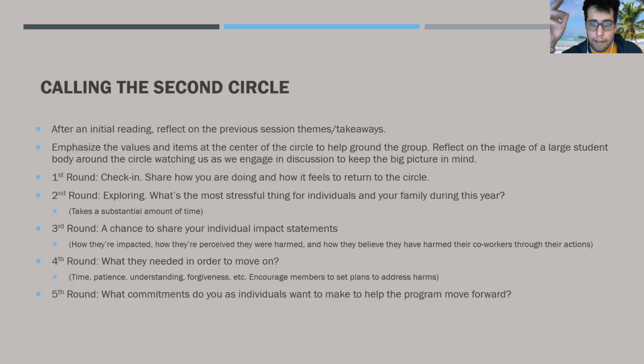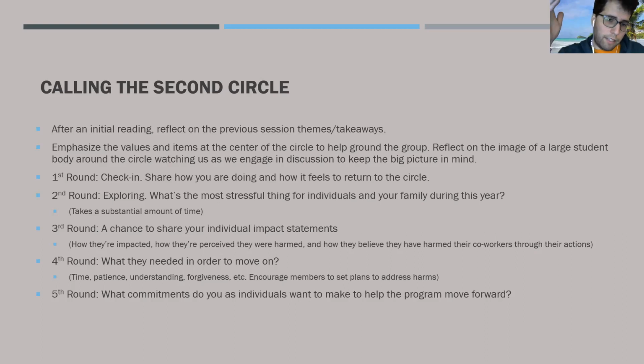So then after we've done this, what's the most stressful thing for you as a person and your family during this year? We want to give people a chance to share their individual impact statements, how they're impacted, how they perceived they were harmed, and then how they believe they've harmed others, their coworkers, through their actions. And then what do we need in order to move on?